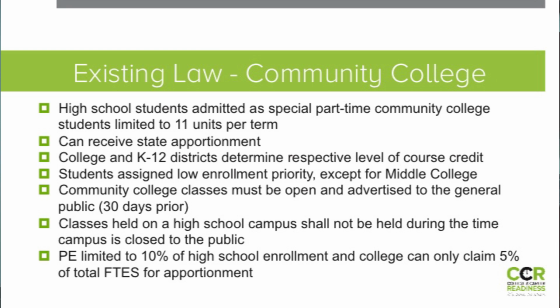There is a limit on enrollment of high school students into PE courses, and the college can only claim 5% of that total FTEs for apportionment. So there are some exceptions in existing law that we have to be privy to. Certainly, the colleges understand this. Now, it's important to note that it does not matter what this slide says.